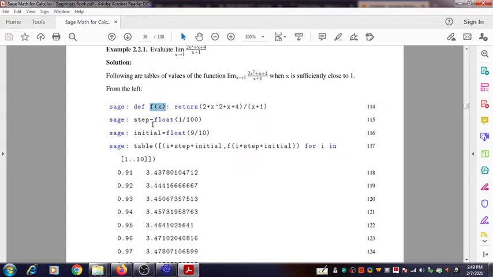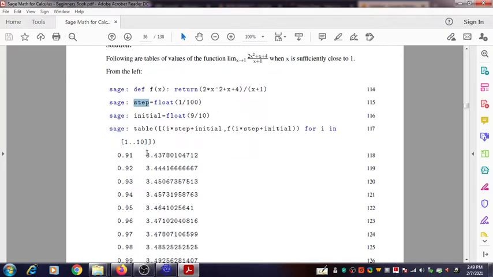Then coming to the second line, we define a step. A step is a variable. Step stands for the interval difference, the difference of the intervals that we are going to use to get different, adjacent values of x.